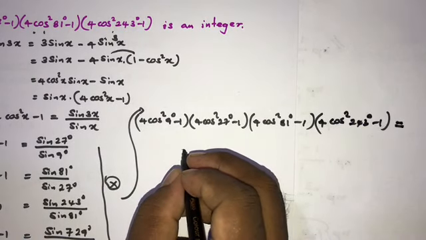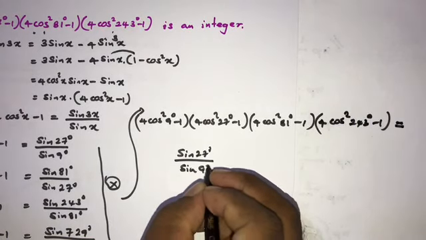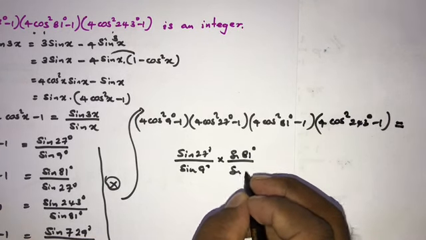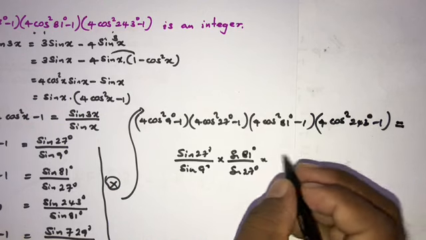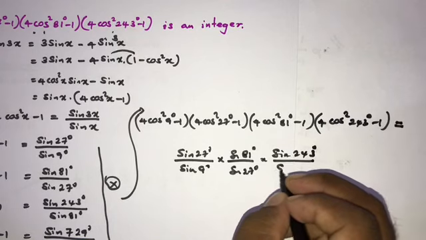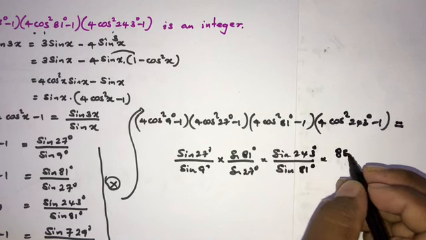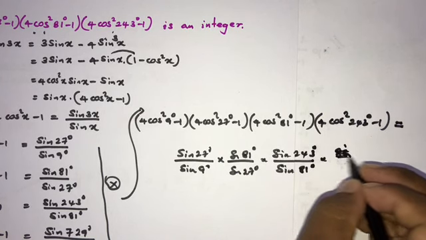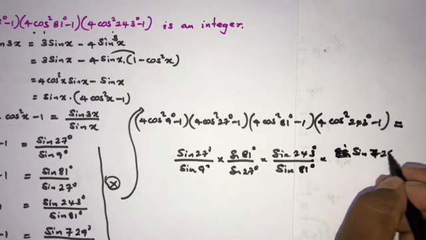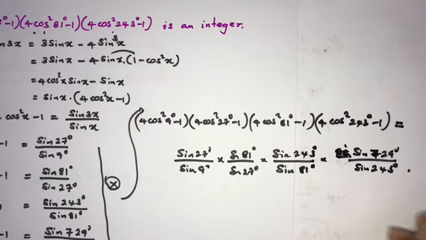So we can write sine of 27 over sine of 9 times sine of 81 over sine of 27 times sine of 243 over sine of 81 times sine of 729 over sine of 243.